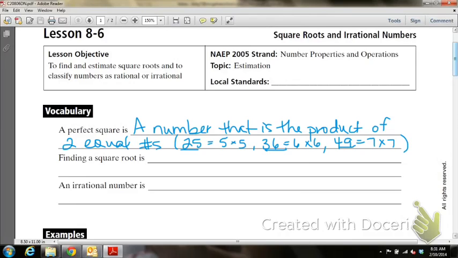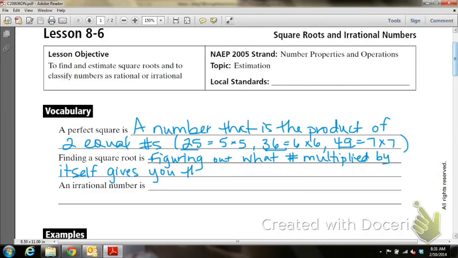So finding the square root is just figuring out what number, multiplied by itself, gives you the original number.